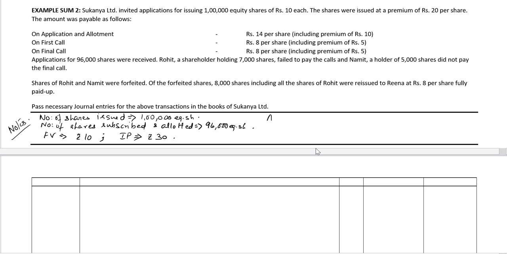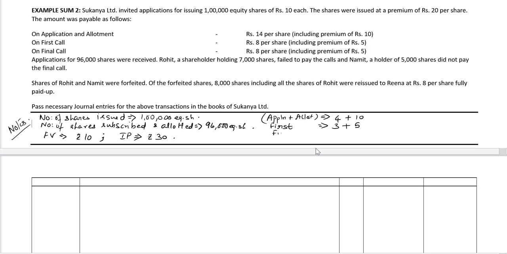Let's write the breakup. Application plus allotment is rupees 14 per share including rupees 10 premium, so it's 4 plus 10. The first call, it's rupees 8 per share including a premium of rupees 5, so that's 3 plus 5.